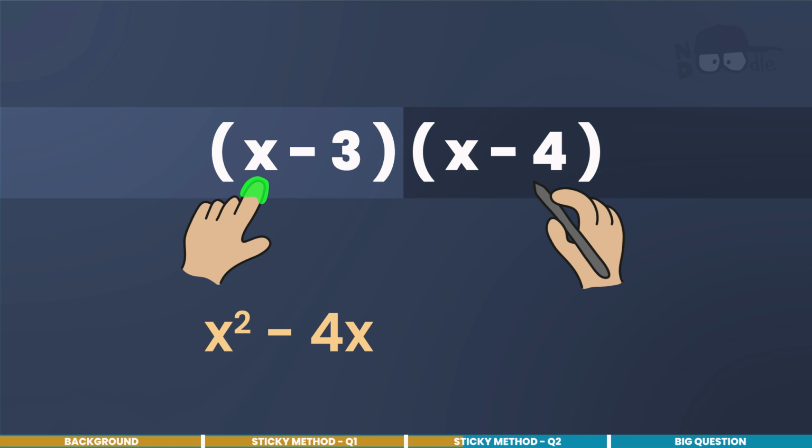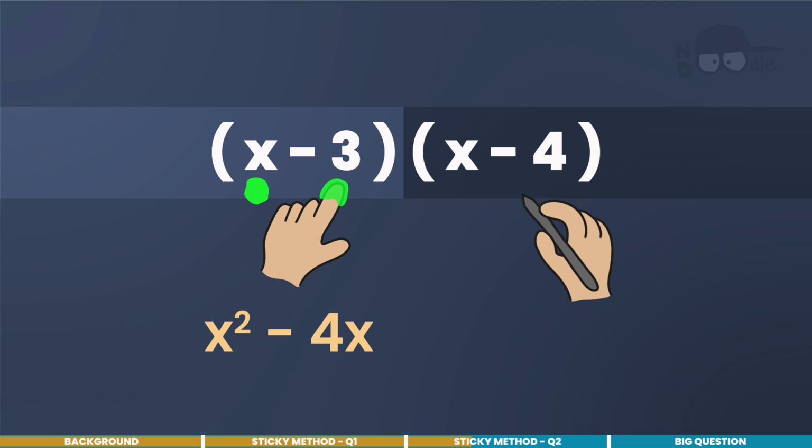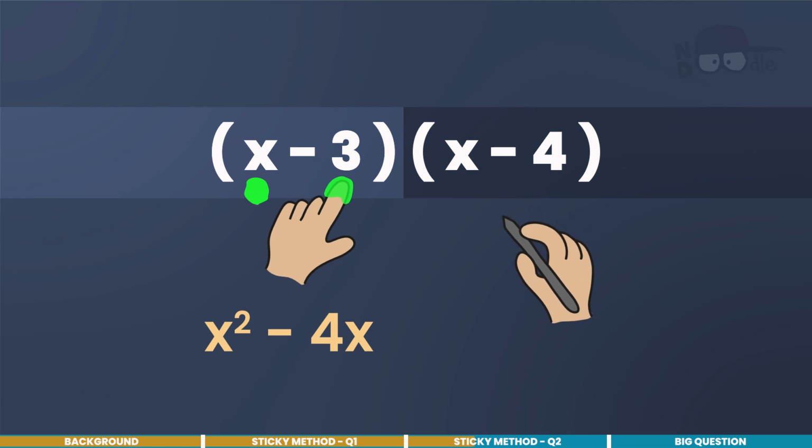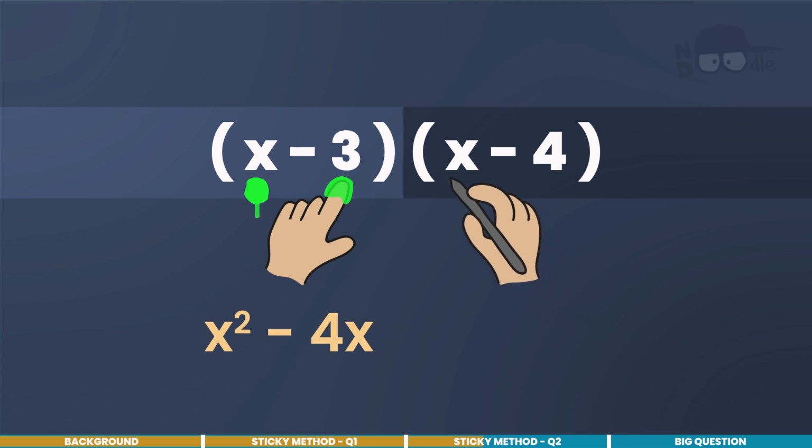Our pen has now reached the end of the second chunk, so we move our sticky finger to the next item in the left chunk and go through the right chunk again. Now we have our sticky finger on -3, and our pen points to x. -3 times x is -3x.